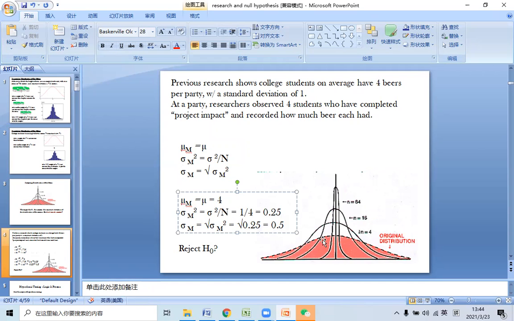In this case, the sample size is 4, because you are observing 4 people, so you divide by 4. The variance of the distribution of samples with a sample size of 4 is 0.25.